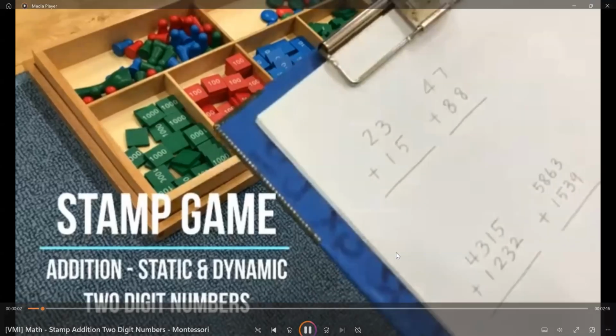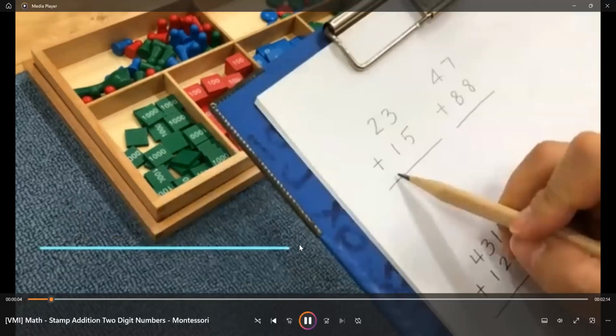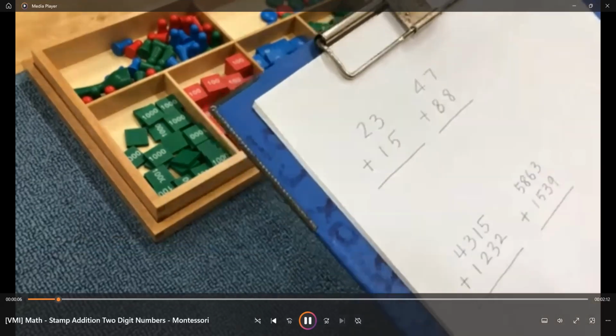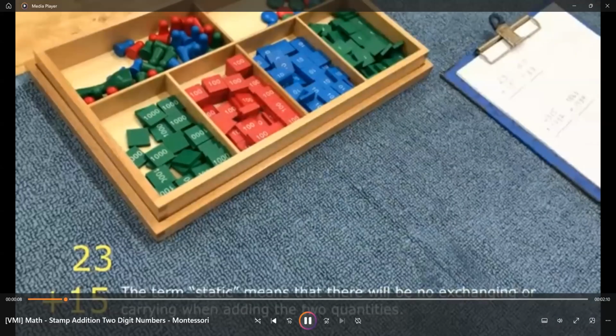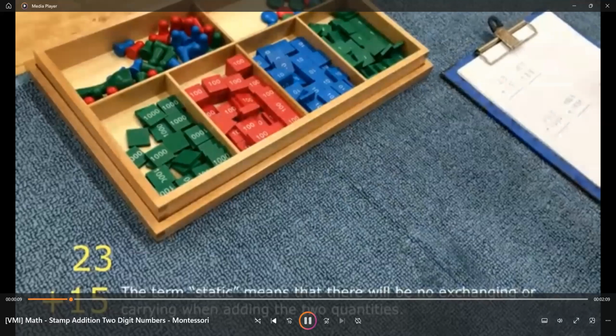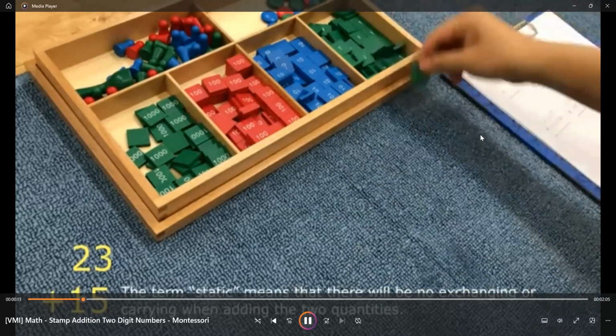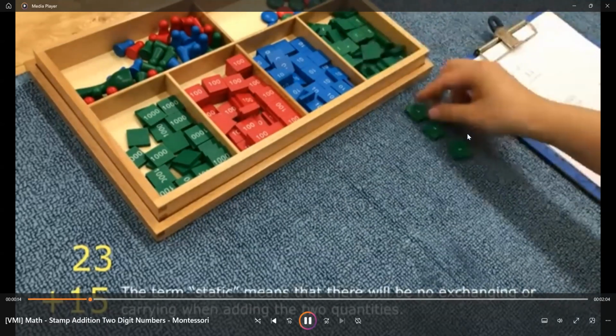Now to begin the lessons, what as teachers I need to have, as I gave you the prerequisites of all my materials, I would use my material. Okay. So the material of the stamp game, along with that, what do I give? I would also give my problem statements. So you keep your problem statements, that becomes easy for me.